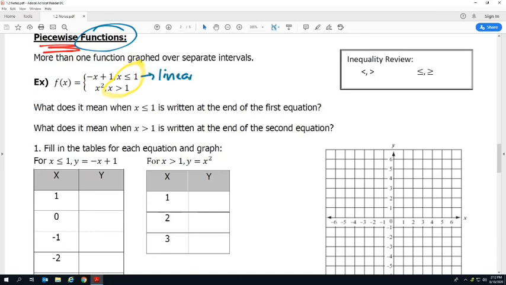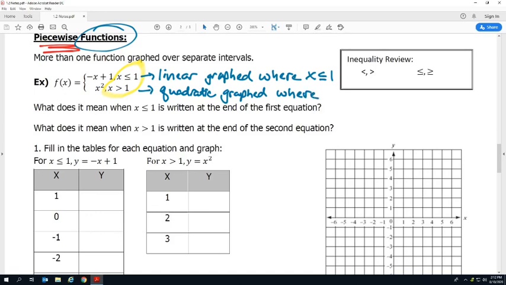I know it's linear because we just have a plain old x. And you're going to graph it where x is less than or equal to 1. And then this one, because of that x squared, we're going to be graphing a quadratic. It's going to be graphed where x is greater than 1.